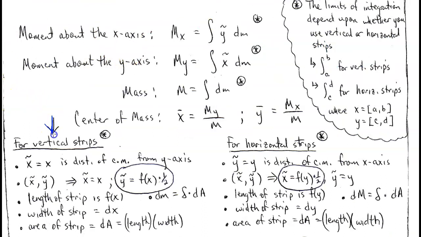So again, for the vertical strips, we know that x tilde is just going to be an x value. Our y tilde is going to be exactly 1/2 of whatever our function is here. And I have circles around that because, depending upon the situation we are referring to, that may change.